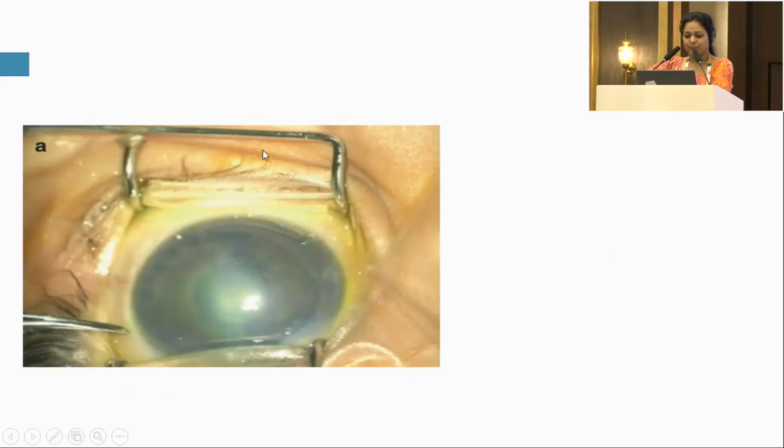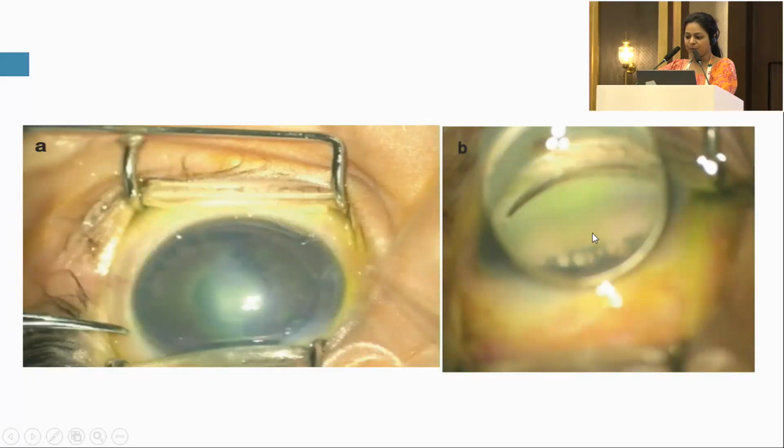So another similar baby, we thought it to be a PCG. We took him for the OT, and we can see a central Haab's striae kind of picture with the central corneal opacity. Plus, we could see some peripheral hypoplasia of the cornea. And on gonioscopy, we could see actually typical iris strands and a posterior embryotoxon suggestive of ARS. Sometimes, the diagnosis changes once you have made a diagnosis, operated on a case, and then the child grows bigger and develops dentition and develops good facial features.